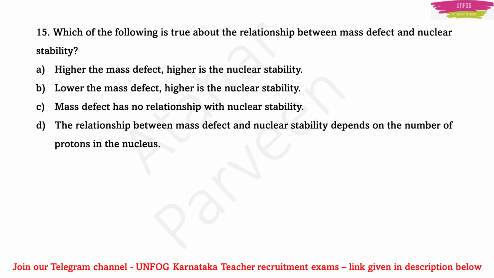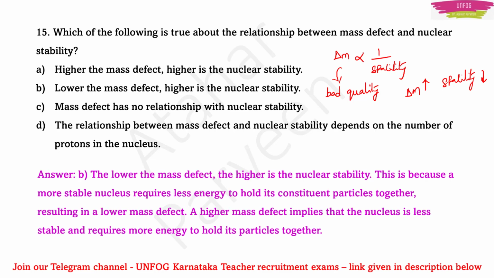Or I will write like this: mass defect will be inversely proportional to stability. Because mass defect is a bad quality of an atom. If the mass defect is increasing, this will decrease the stability. Correct? The atom will not be stable. So higher stability, if you need, means your mass defect should be less.